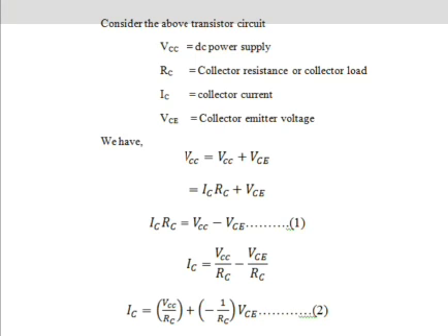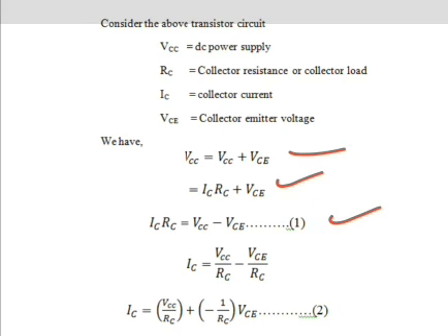We have VCC equals VC plus VCE. You know VC equals IC into RC. Therefore, VCC equals IC into RC plus VCE. IC RC equals VCC minus VCE.